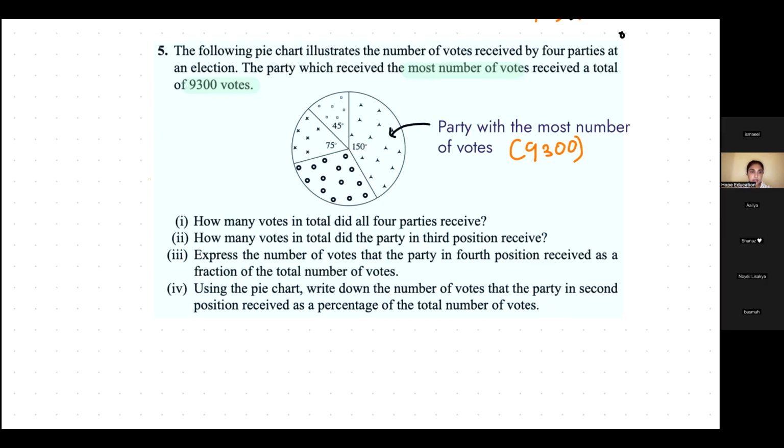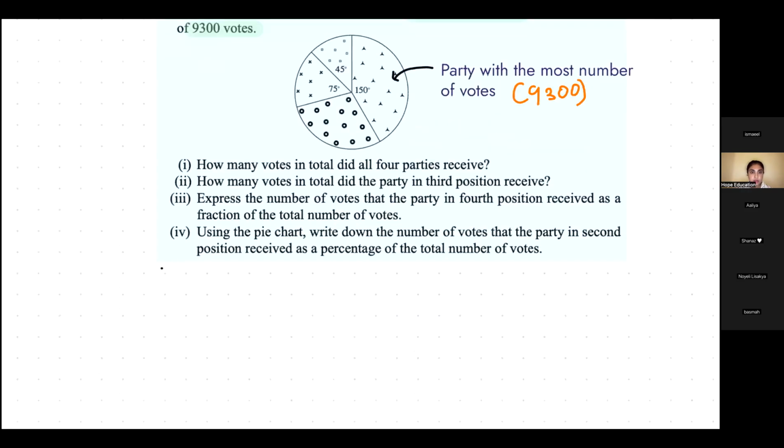So 150 degrees represents 9,300 votes. What is the angle representing the total number of votes? 360, right?